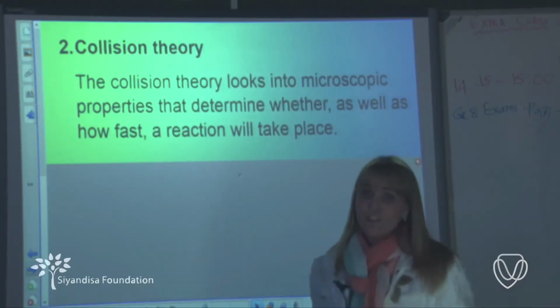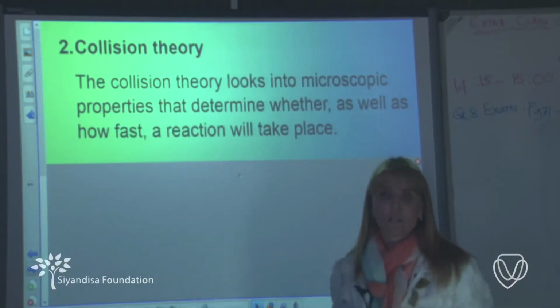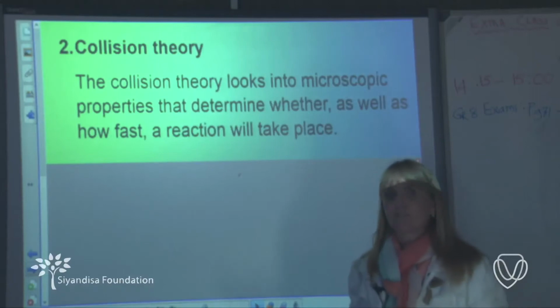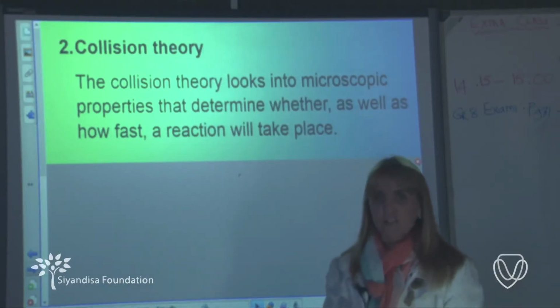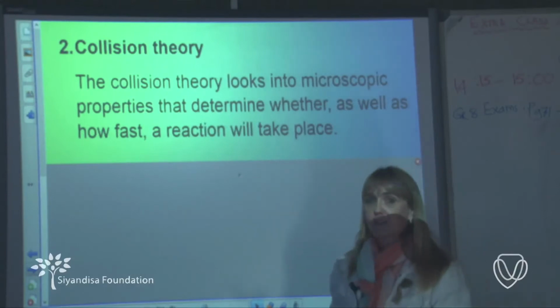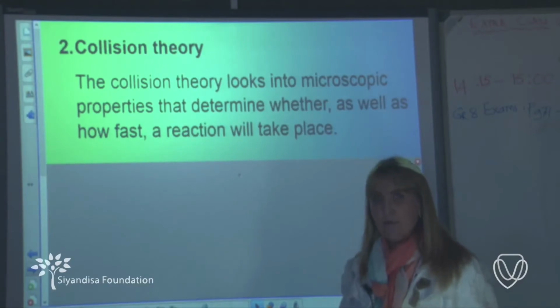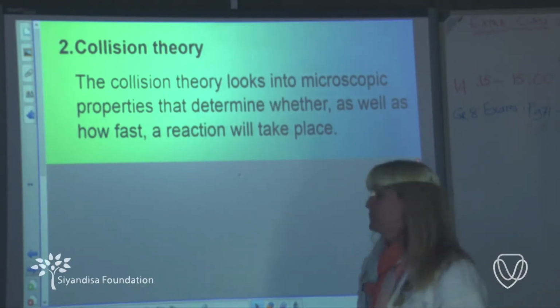And we always kind of just assumed that if you put 2 chemicals together in the test tube, a reaction will occur. But we didn't realize that so many factors have to be considered before a chemical reaction will actually take place. And the collision theory explains to us why sometimes a chemical reaction does take place and at other times no reaction occurs at all.